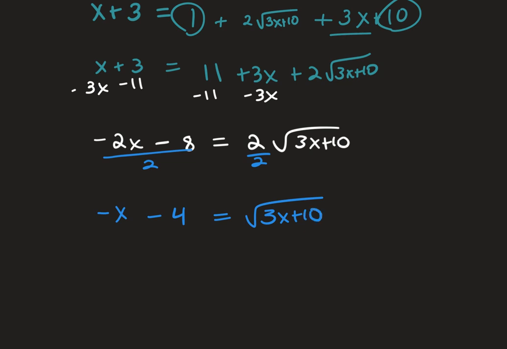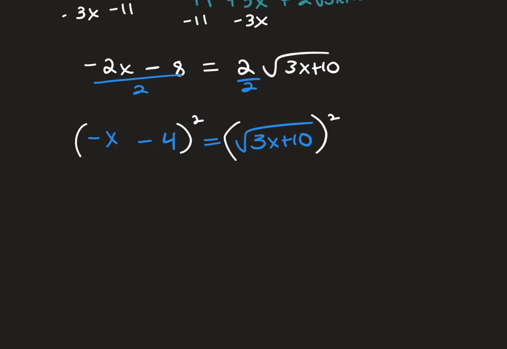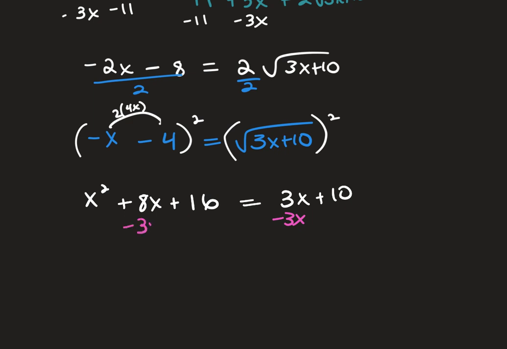And then we square again. Square both sides of the equation. On the left, I can use the shortcut again. Square the first term, square the second term, double the product. So the product this time would be 4x times 2, which is positive 8x. On the right, the square root goes away. Subtract the 3x.